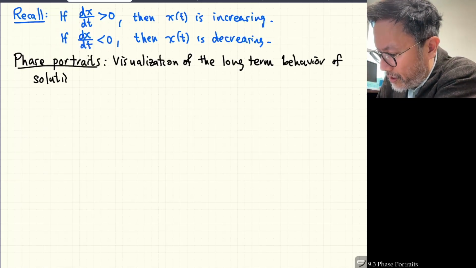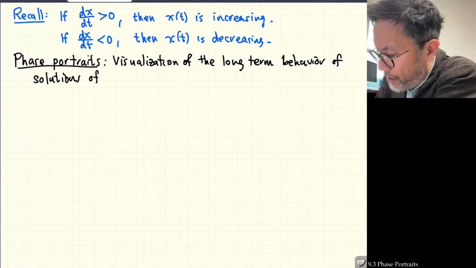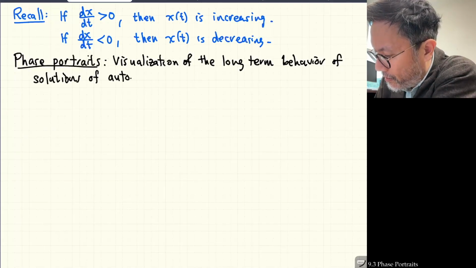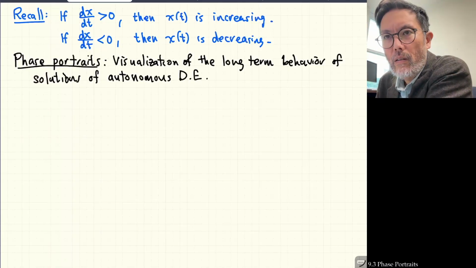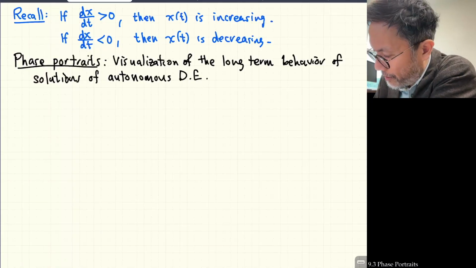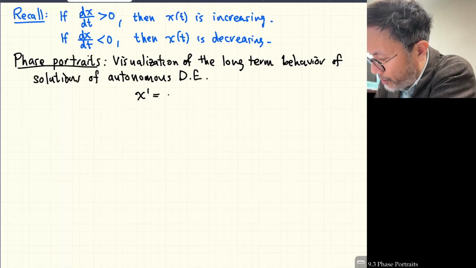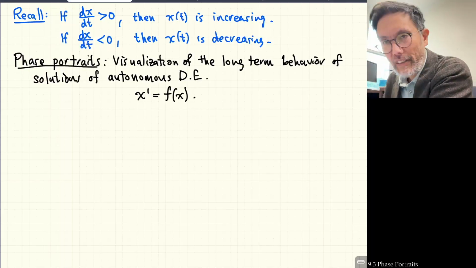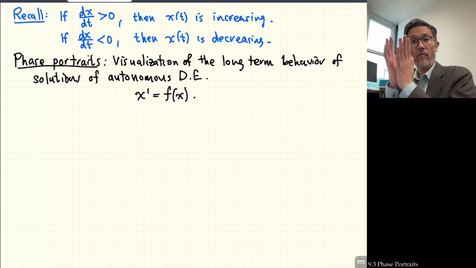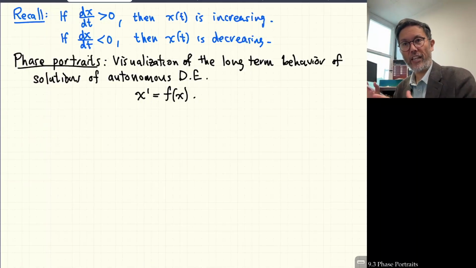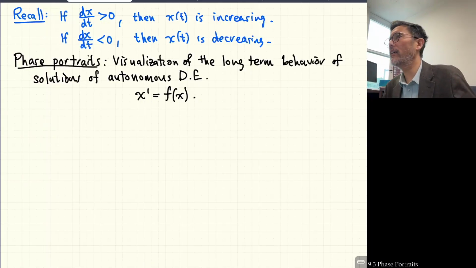And this is particular to autonomous differential equations. So things of the form I'm talking about now: x prime equals f of x, or dx dt equals f of x. Okay, how does a phase portrait work?